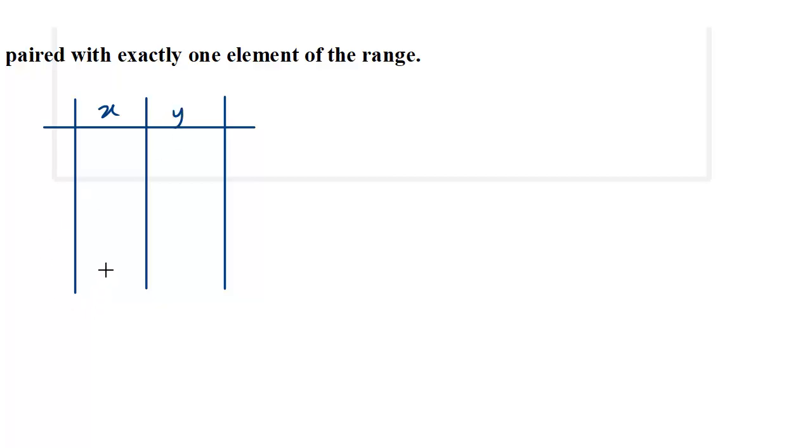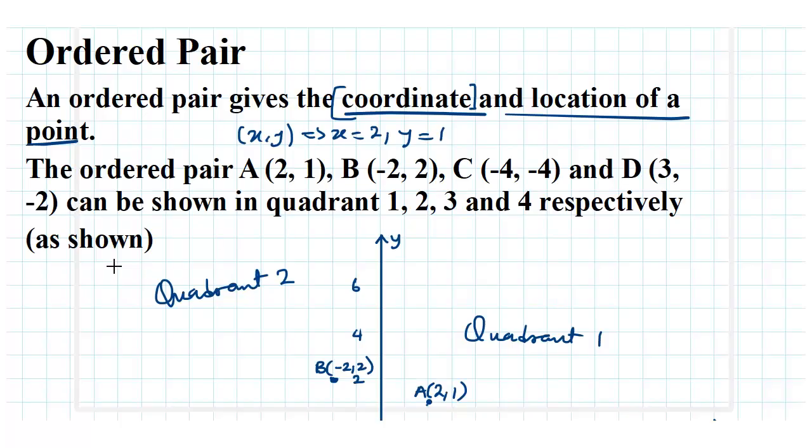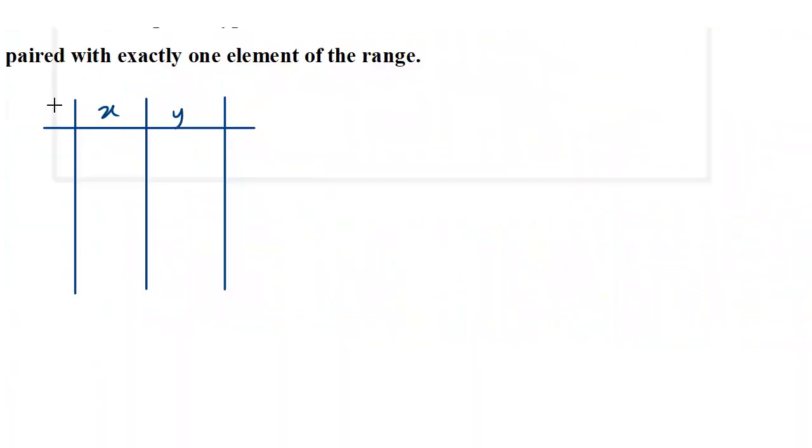So what are the coordinates we considered? If you look at this, we considered A, 2 comma 1, B, minus 2 comma 2, C, minus 4 comma minus 4, and D. So A actually gives us those coordinates, and B and C and D. So we can take A to represent the quadrant, let me just use Q there.